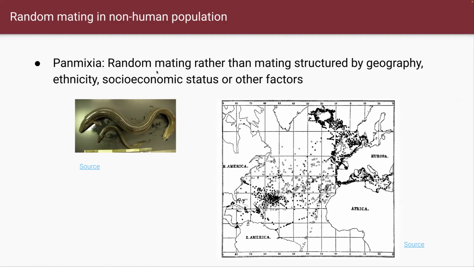Other than here, we can't really find a good example, especially in the animal kingdom, because even animals have associative mating. They have a social structure and preferences in terms of physical attractiveness. Even birds and lions have different preferences within their society. So in this case we call it associative mating. They're not random mating.